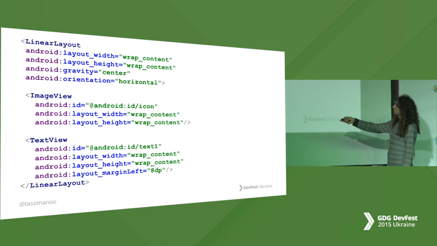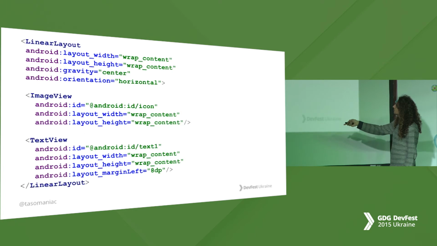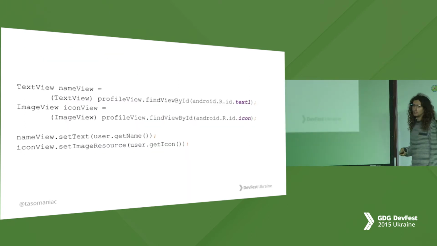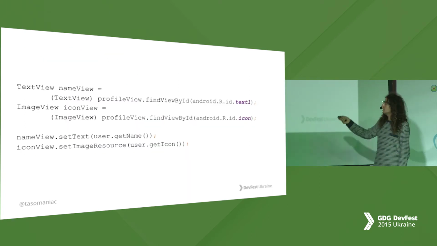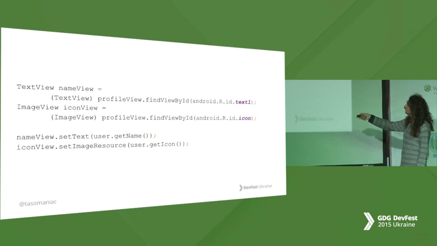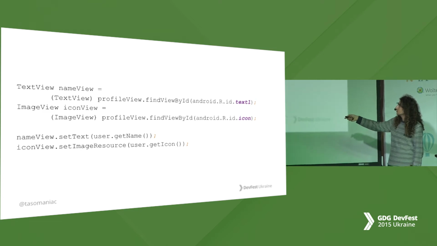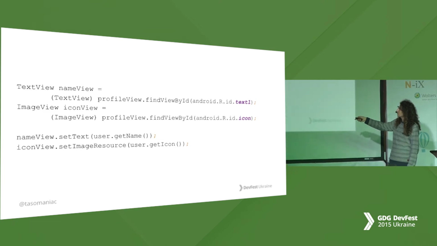And we have a margin between the image and the name. So let's see. And in the code, we will probably find the name view and the profile image by using findViewById, and set the text and image of the views using these lines.